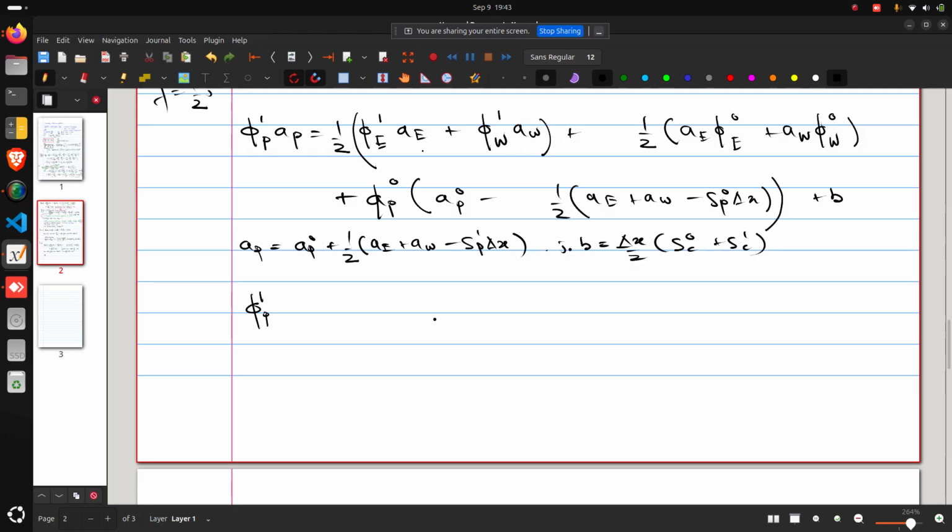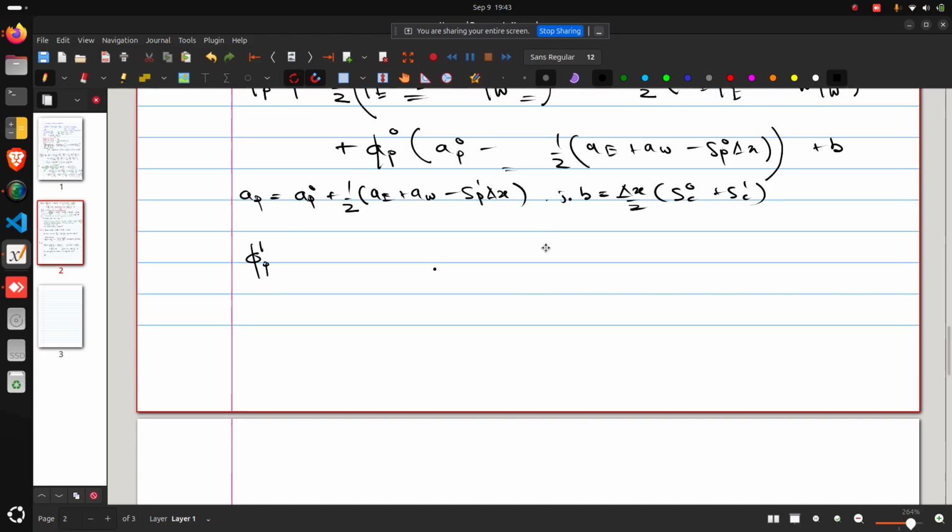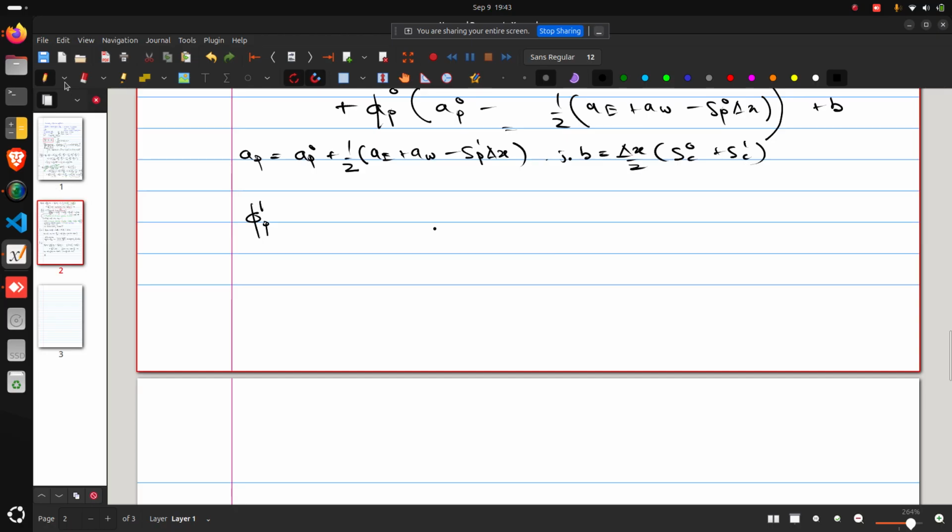So now if we see here, all these coefficients AW, AE are all positive, but something might cause an issue here, right? Because we have a negative sign here. Let's see how we can check whether this will give us a bounded solution or not. So this AP star is nothing but AP naught minus half of AE plus AW.